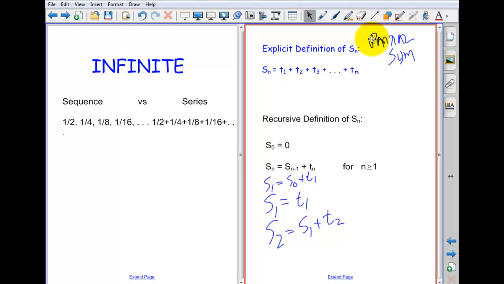And this is a universal idea for all S sub n, no matter what kind of sequence, arithmetic, geometric, or neither. You find the sum in the sequence by adding up the first n terms. That's sort of the explicit definition because it's done in terms of every single term up to that point. The recursive idea, though, is to define it in terms of the previous sum.